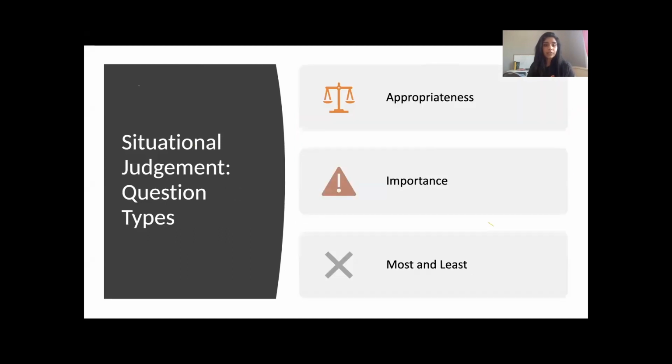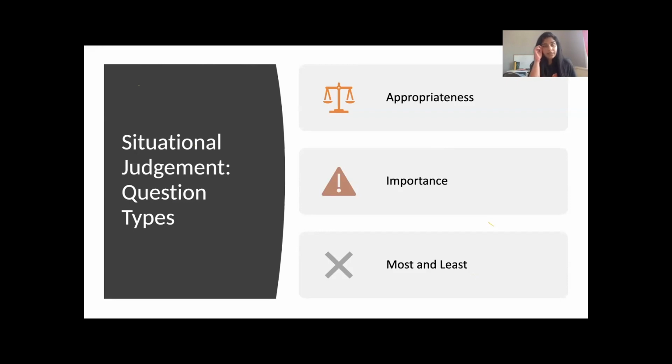The different types of questions you'll get here are appropriateness, importance, and most and least. You'll be faced with a scenario, and they'll give you a response to that scenario, and you need to say whether that response is appropriate or not. Or in importance, you'll be given a scenario and factors to consider, so you need to say which factor is important or not.